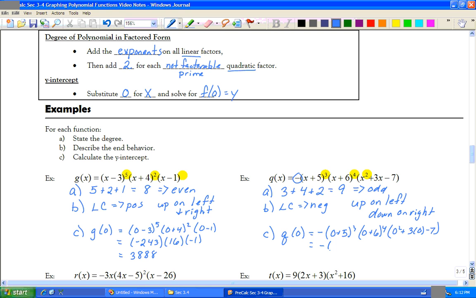So you get the opposite of 5 to the 3rd power, which is 125, times 6 to the 4th, which is 1,296, times negative 7, and when we multiply that all together, we get 1,134,000, and that is our y-intercept. Again, not something that we're going to want to plot by hand, but that's what it calculates to be. Okay, we're done.